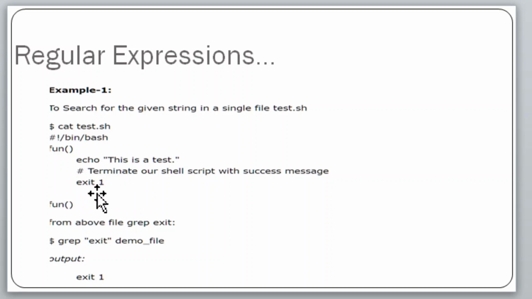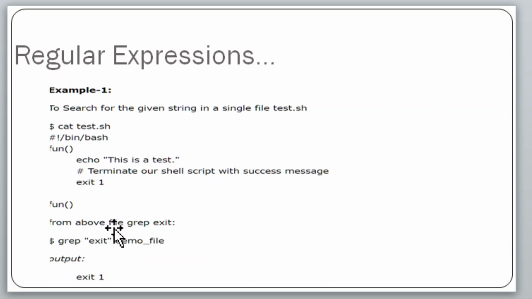Okay. So from above the file, we can grep for exit. On my command line, I could type in grep, the string exit, on a demo file, and the output would be exit 1. In this case, the demo file would be this test.sh.